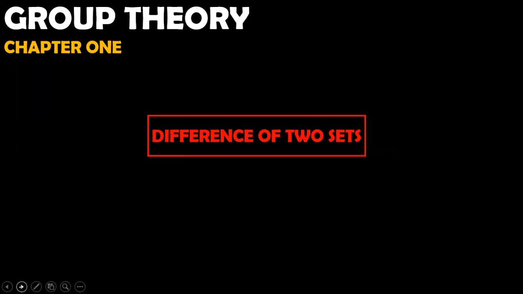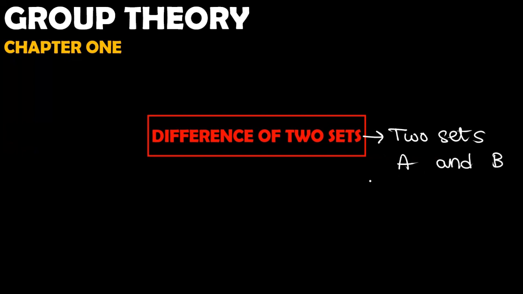So our next topic is difference of two sets. So how to find the difference of two sets? If we have two sets, A and B, and their difference is A minus B. In A minus B, we are talking about all the elements which belong to A but do not belong to B, right?